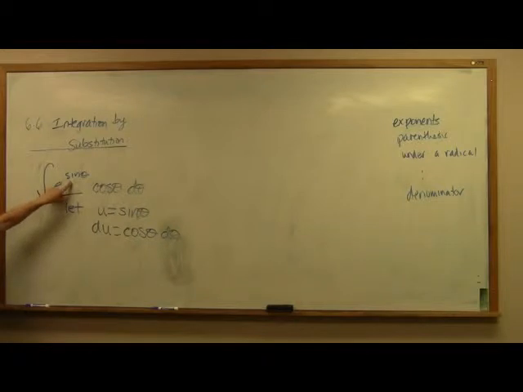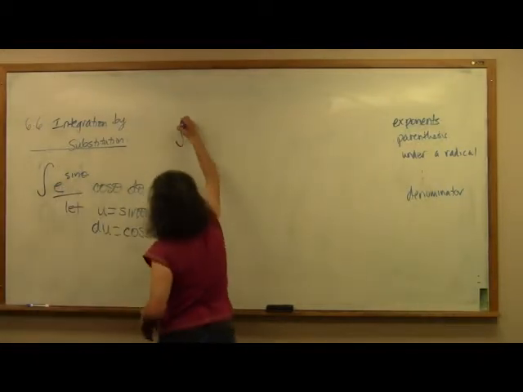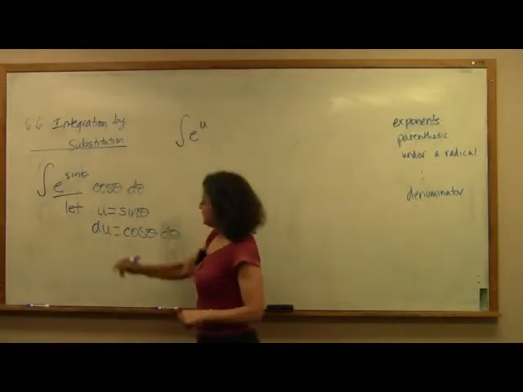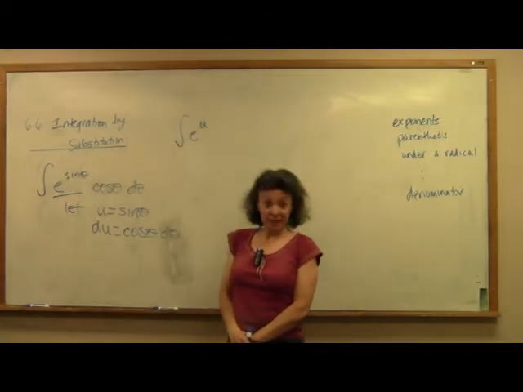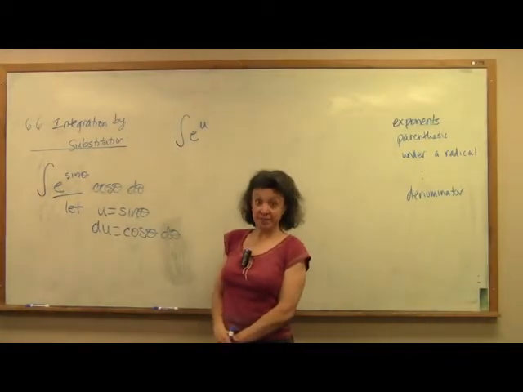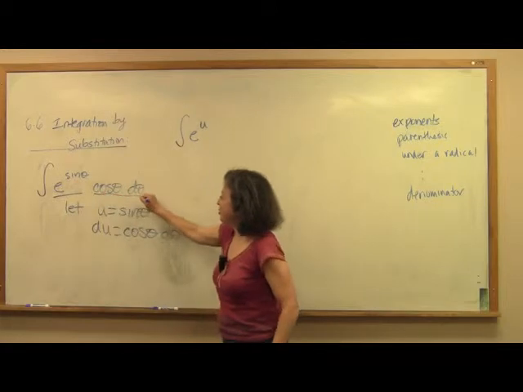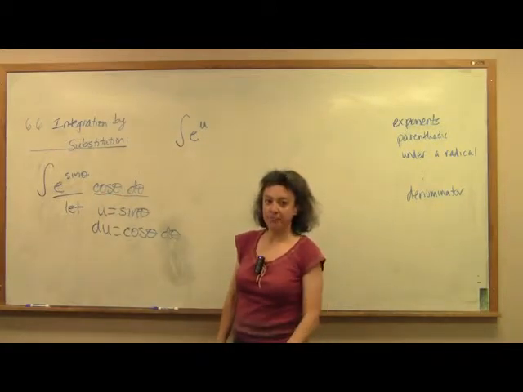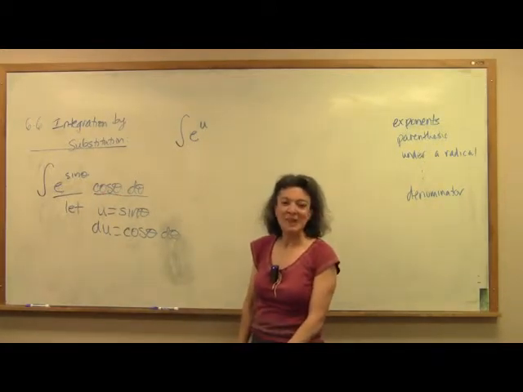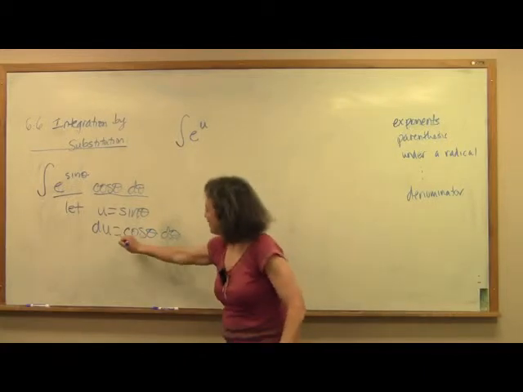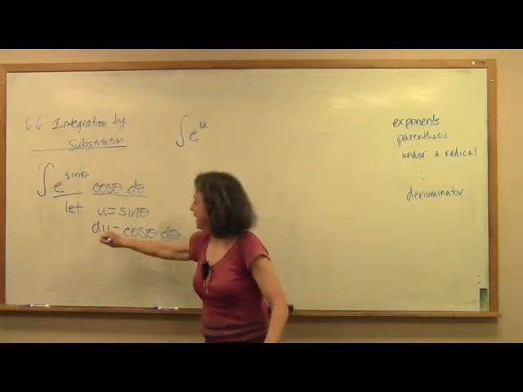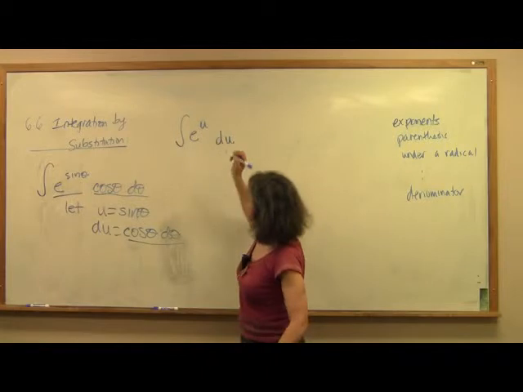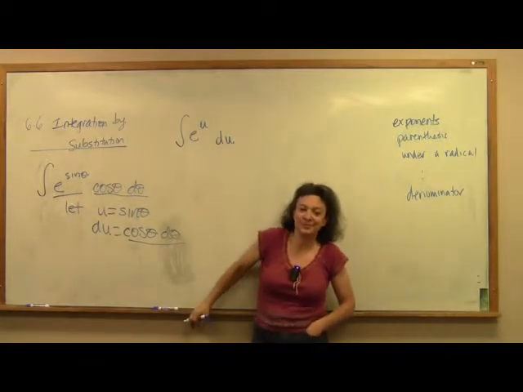We have e to the sine theta. I claim that's the same as e to the u. What else do we need to write in terms of u? Well, we still have a cosine theta d theta. Do we see a cosine of theta d theta anywhere? We sure do, and that just so happens to be equivalent to du.